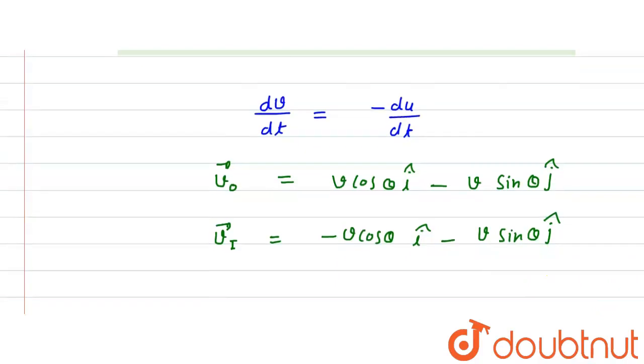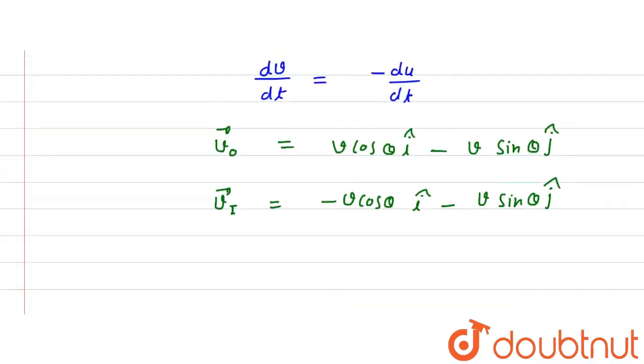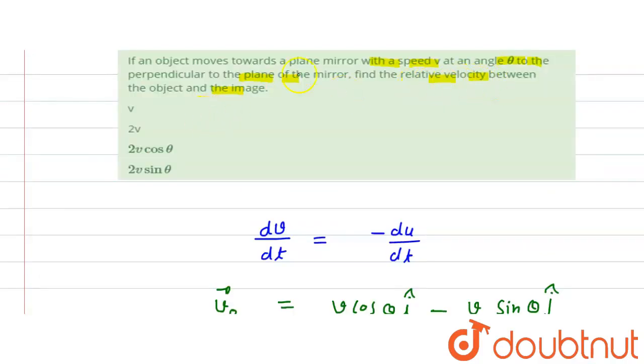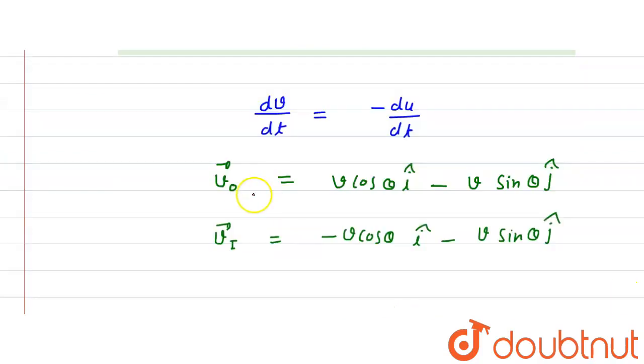Now here we can find the relative velocity. Here we have to find the relative velocity between the object and the image. So here we find the relative velocity of object with respect to image, which is the velocity of object minus the image velocity.